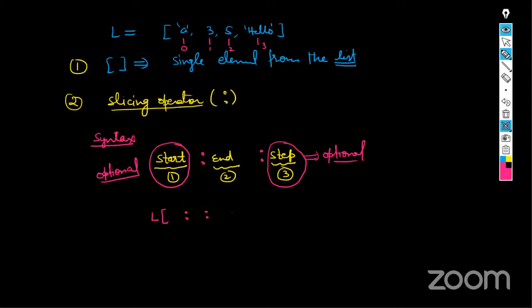This is slicing. You want a slice from this point to this point. So let's say starting with location 1. You will write 1 up to this point, location 2. But in Python, what they have done is this.